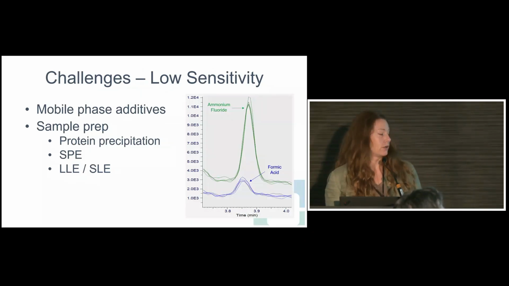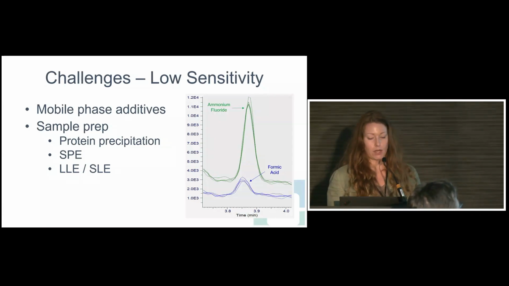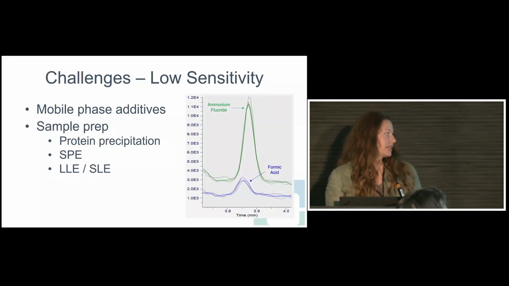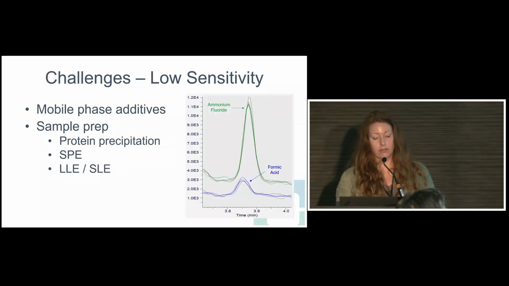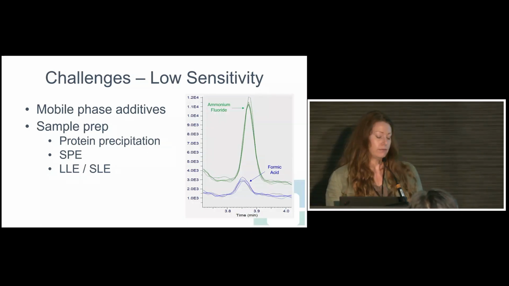So once we hurdled the mobile phase issue by using LCMS grade bottled water, we had to tackle the low sensitivity. So once we tamped down the baseline, we looked into mobile phase additives, sample prep. We did explore protein precipitation early on, but we realized we're not going to be able to get a clean enough extract or supernatant to use for free.